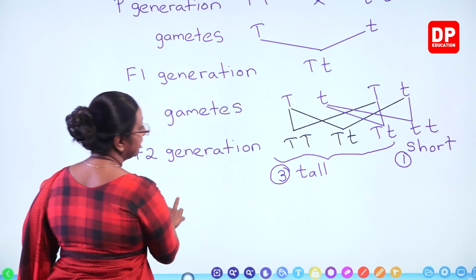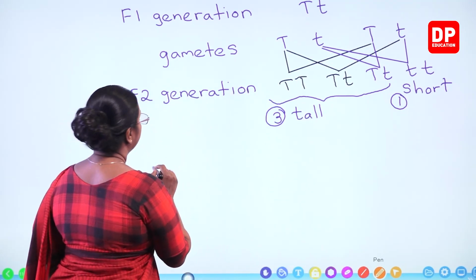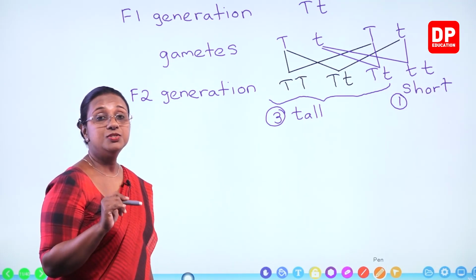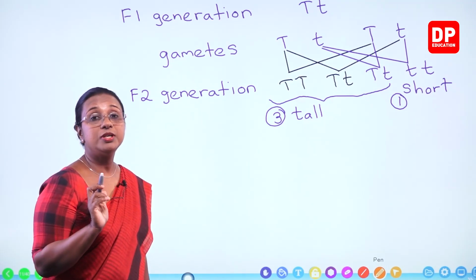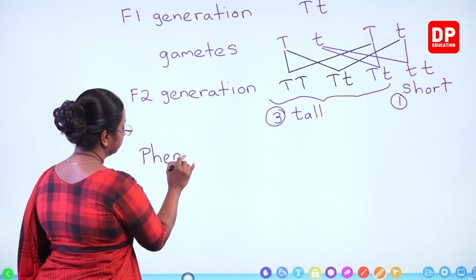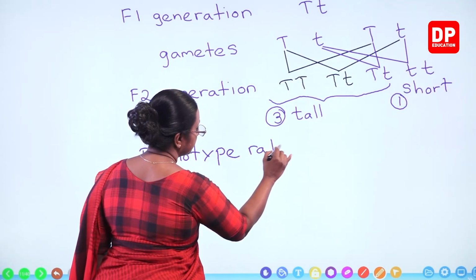Now if we write that down. Now this ratio, tall is to short, is known as the phenotypic ratio.